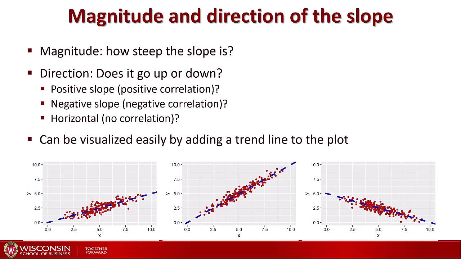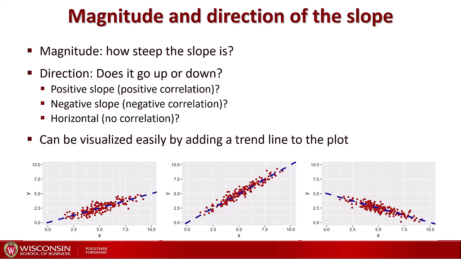In our case, we are focusing on the slope, so the magnitude of the slope means how steep it is. On the plots on the right and on the left side, the slope is moderately steep, so the magnitude of the slope is not too strong. In the middle plot, however, we have a stronger magnitude because the slope is quite steep.